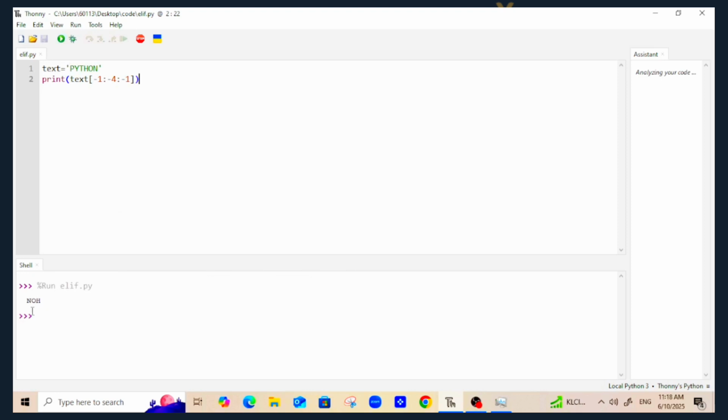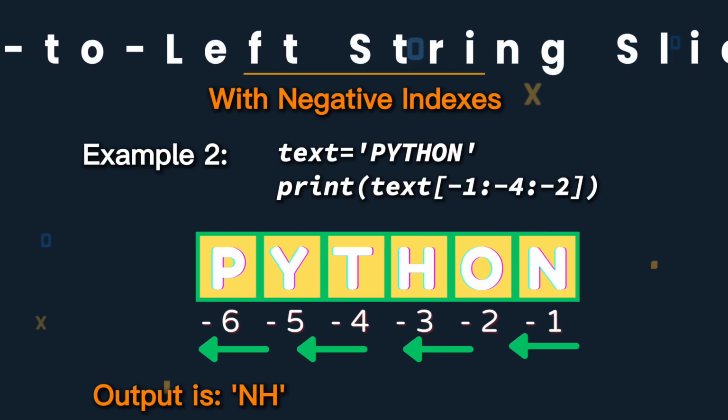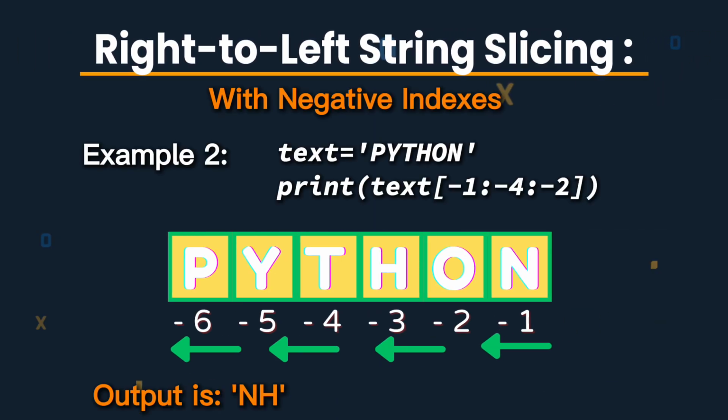In this example, we sliced the string from right to left without skipping any characters. Now let's explore a case where skipping occurs. Print slice text from -1 to -4 stepping by -2. In this example, -1 is the start index. It refers to the last character, which is N. -4 is the stop index.